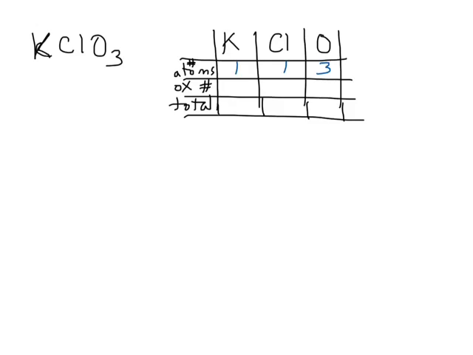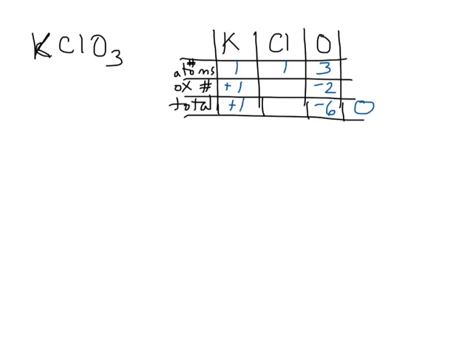I know overall this entire molecule has a total charge of 0. Of all of these, I know oxygen's oxidation number is -2, therefore a total of -6. I know potassium, being a metal bonded, has a charge of +1, giving us a total of +1.